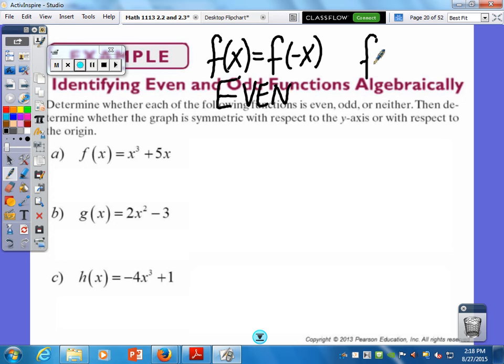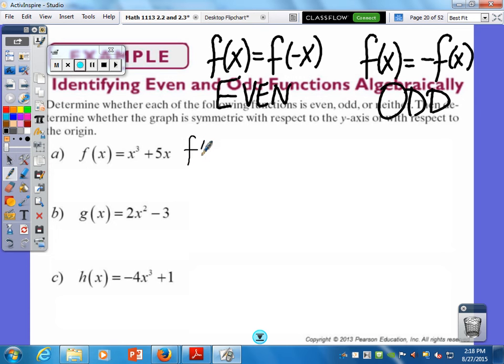If it is odd, then this happens. Okay, so I've got to test this to see if it's even or odd. So my first test for A would be that I'm going to take my original function and replace everything with a negative x and simplify it down.